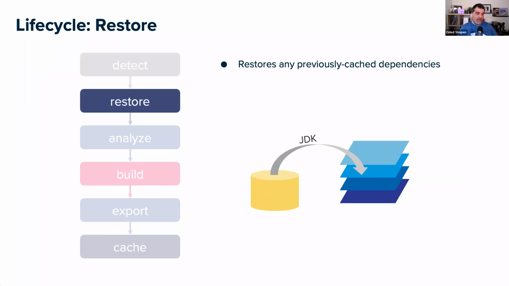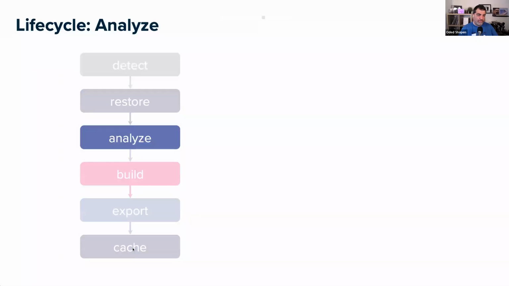Think of OpenJDK, Maven caches in Java, Python dependencies, NuGet packages in .NET Core, whatever it may be. It's going to cache it to the local disk, depending on where you run the build itself. And it's going to restore it, and that basically saves me a lot of time because I don't have to go out and download dependencies every single time, because it's already saved somewhere, okay?